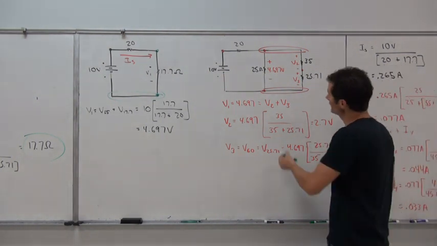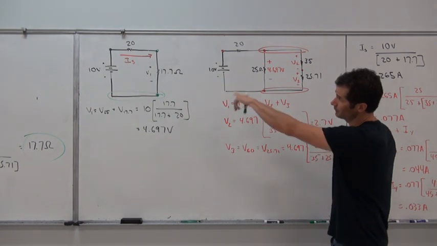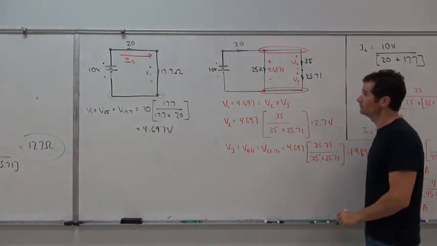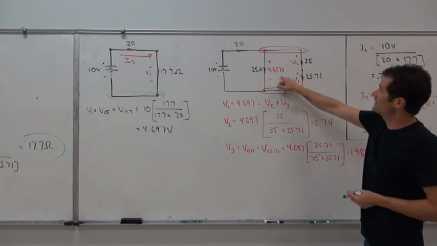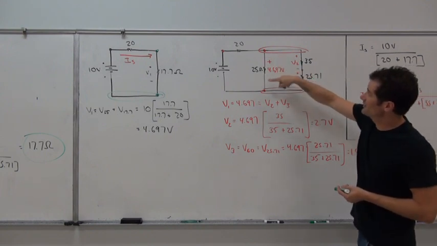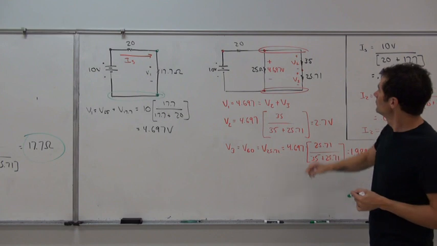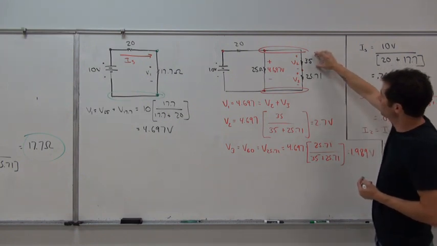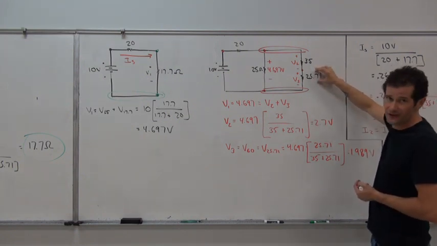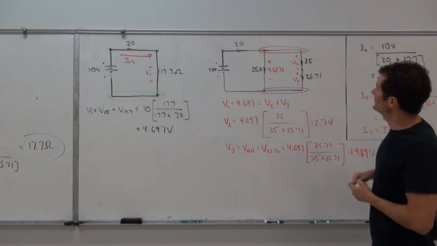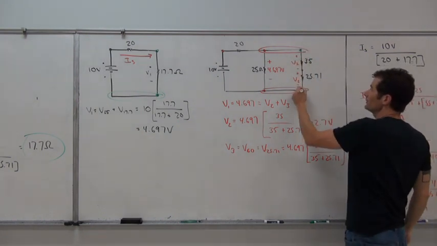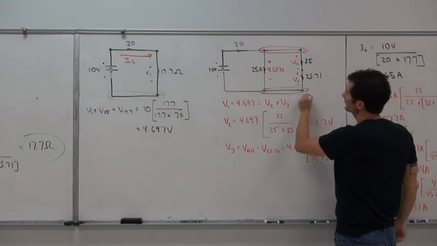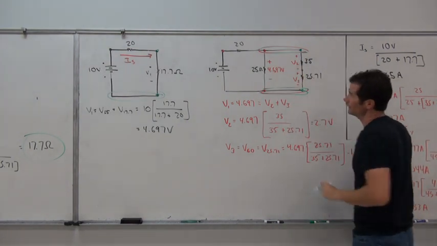But going back to the previous circuit before we broke it down to a single series loop, here we got that 4.697 volts that exists between these 2 points. And that's also when we consider 35 ohms and the equivalency of 25.71 ohms. The voltage that exists between this node at the top and this node at the bottom, obviously we can see that relationship shows parallel.